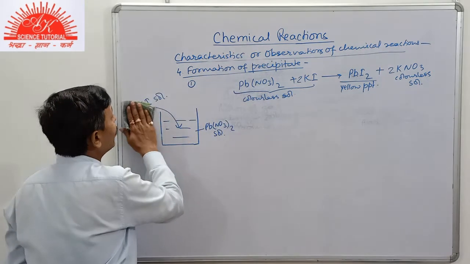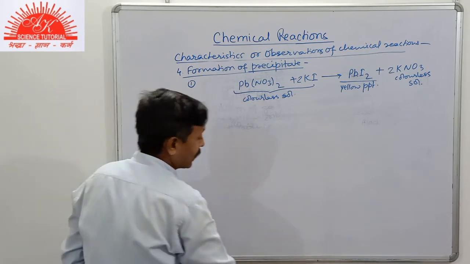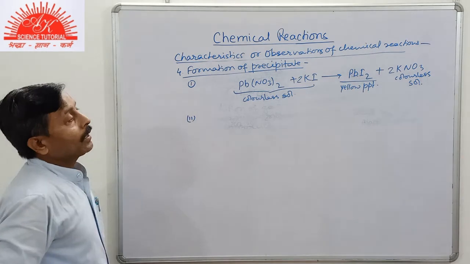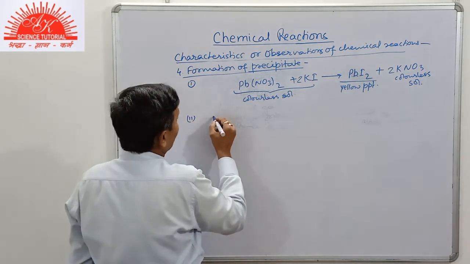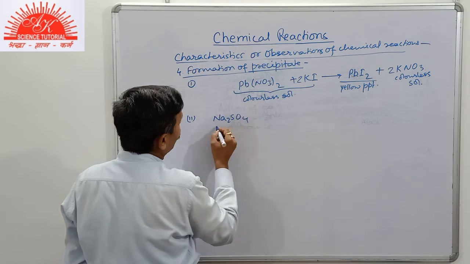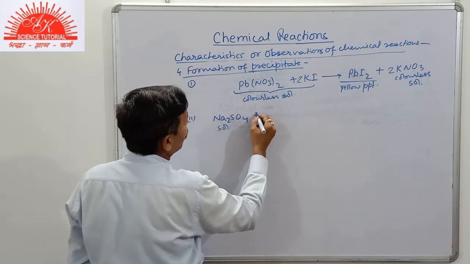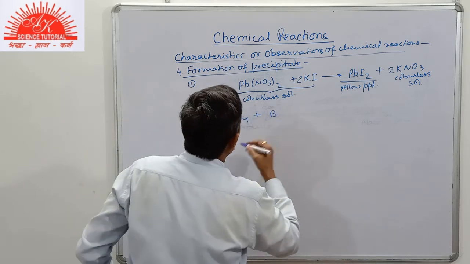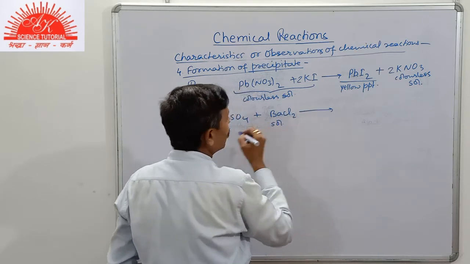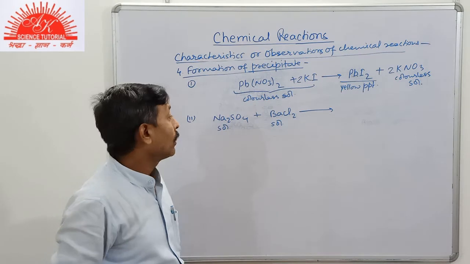Now take another example of precipitation reaction. Like suppose we take sodium sulfate solution, Na2SO4 solution, and when barium chloride solution is added to it, both of them are colorless solutions.